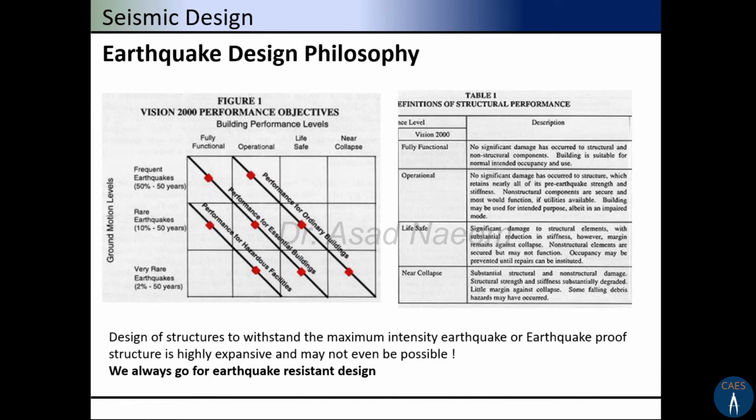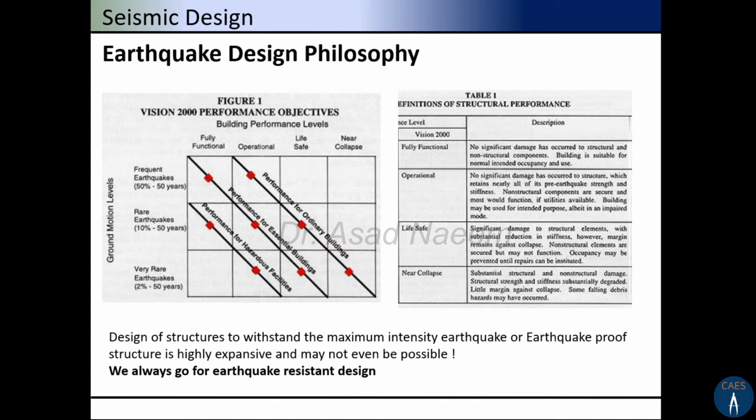First of all, designing structures to withstand the maximum intensity of earthquake, or an earthquake-proof structure, is highly expensive and may not be possible. We always go for earthquake-resistant design. To design any structure that is earthquake proof is not possible because it would be very expensive and uneconomical.